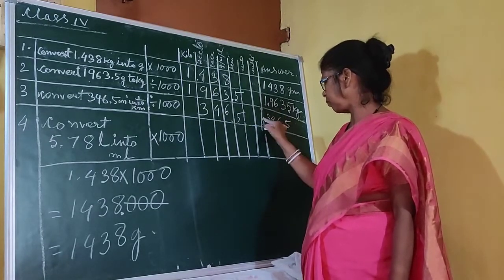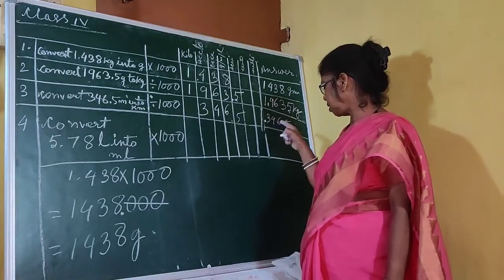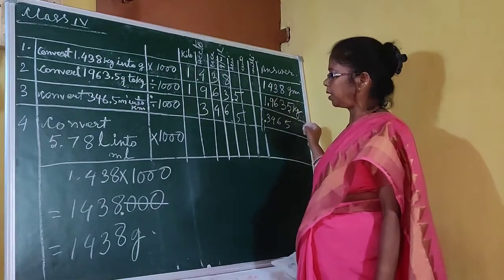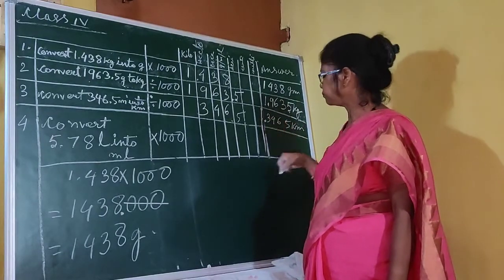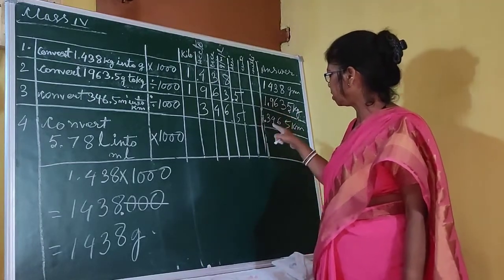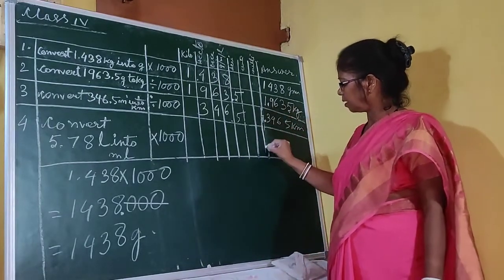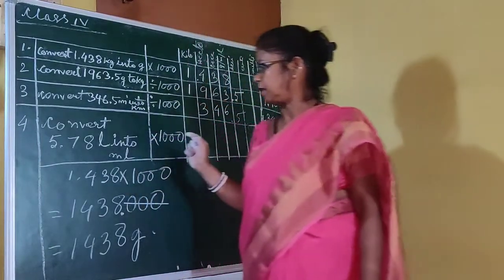If you do not write it, no problem. So it is 0.3465. It is kilometer. 0.3465 kilometer.